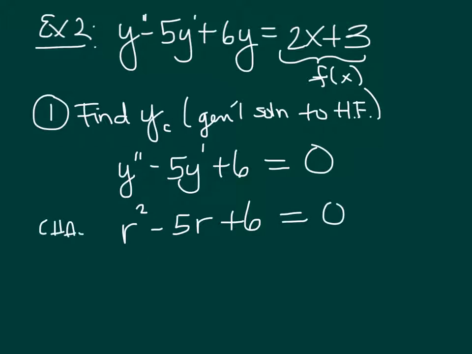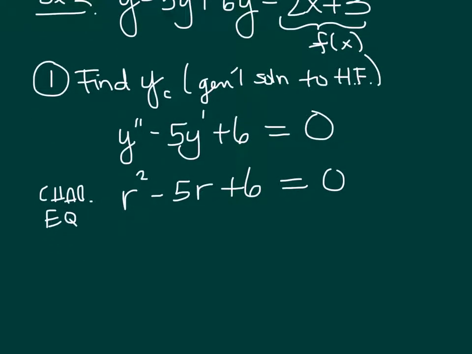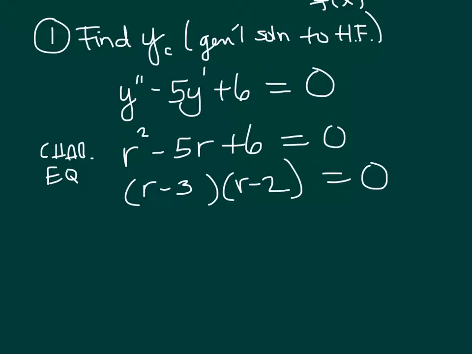So again, we're using our characteristic equation, and this is all just factoring techniques. If we factor this polynomial, we should get r minus 3 and r minus 2. If we FOIL that, we get our polynomial above, and of course this is r equals 3 or r equals 2.